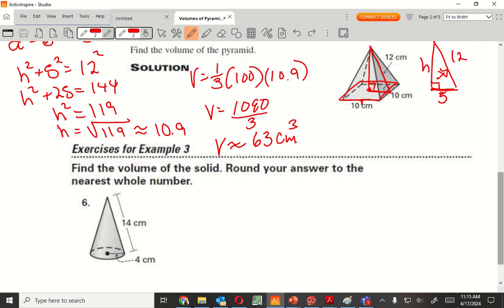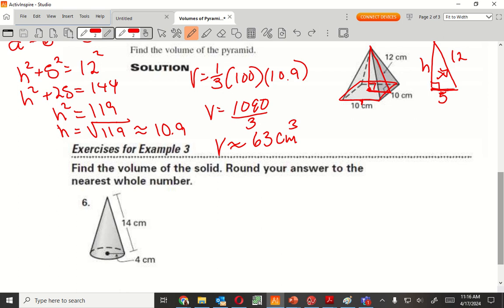It's already given. How did one kid get 1080 divided by 3? What is that from? You zone out. A lot of the stuff is on my board. That's the first step that you have to do.